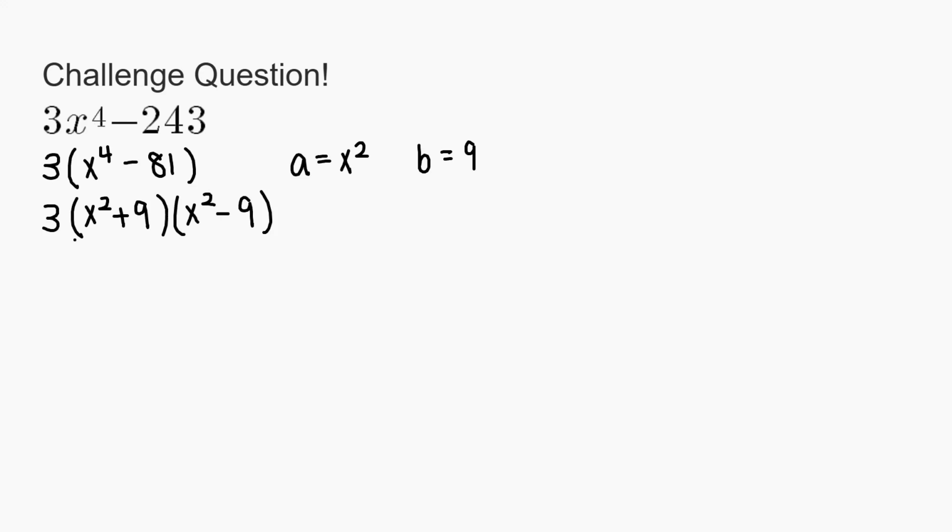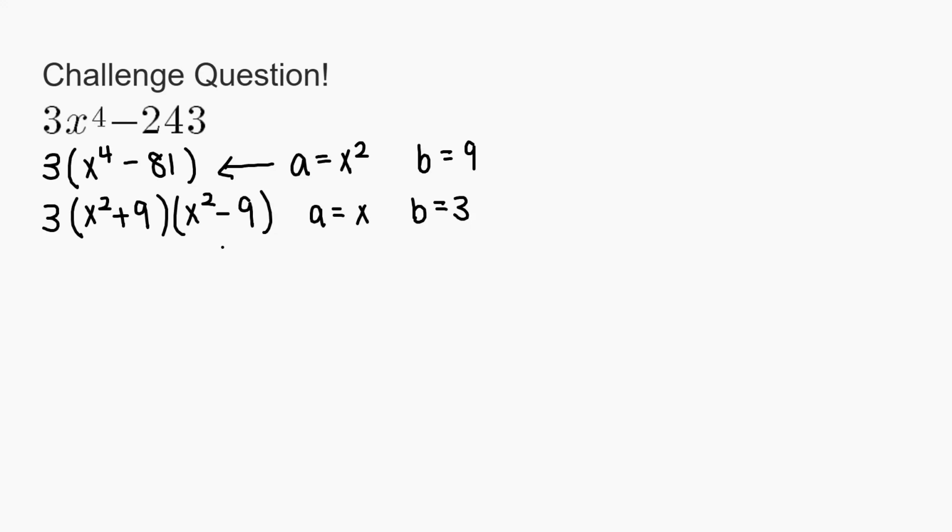So we have x squared plus 9 here, which is the sum of squares. So we know that this part is done being factored. But if you look here, we have x squared minus 9, which is another difference of squares. Here we have a is equal to x and b is equal to 3.